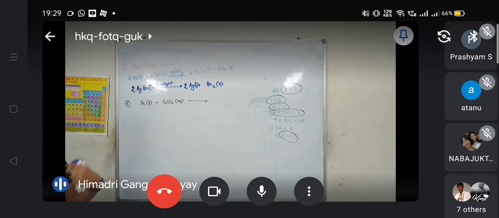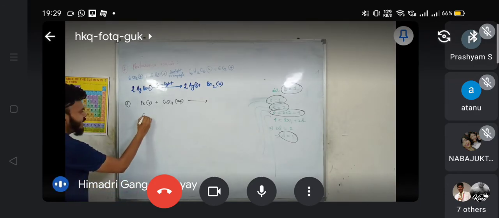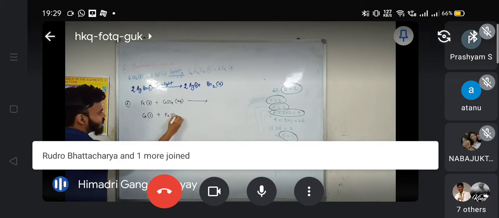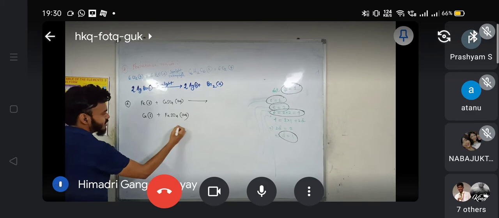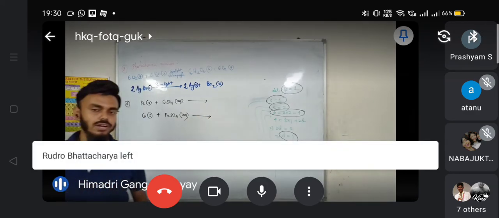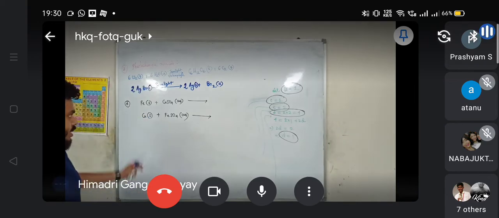And what happens when metallic copper was added to the aqueous solution of ferrous sulfate? Answer the questions with proper explanation. Can anybody tell me?